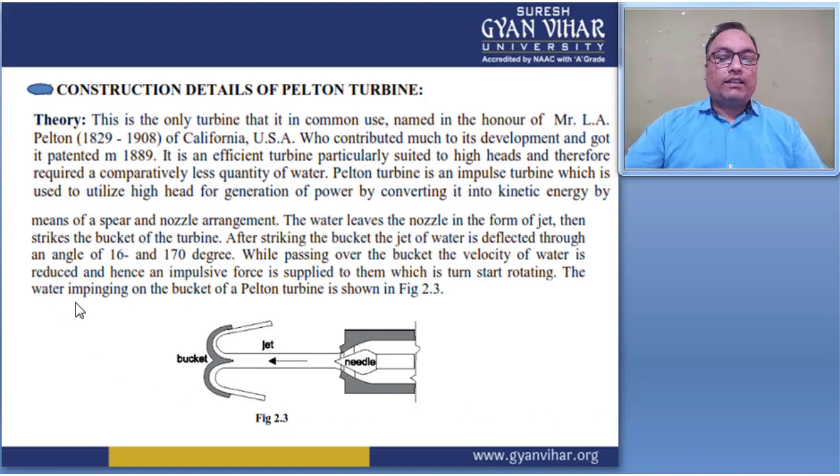For the construction detail of the Pelton wheel turbine, this is the theory. This is the only turbine in common use, named in honor of Mr. L.A. Pelton, who lived from 1829 to 1908 in California, USA, and who contributed much to its development and got it patented in 1889.